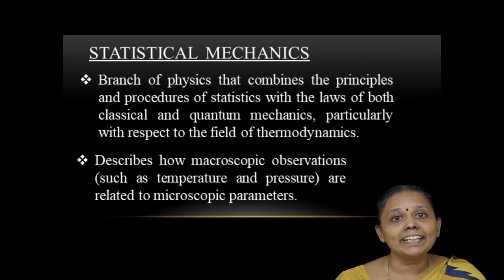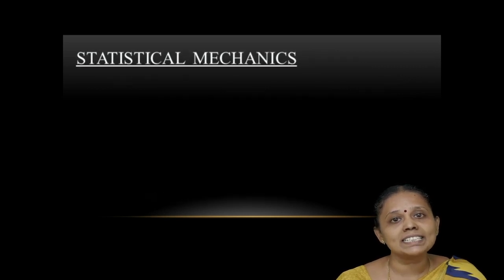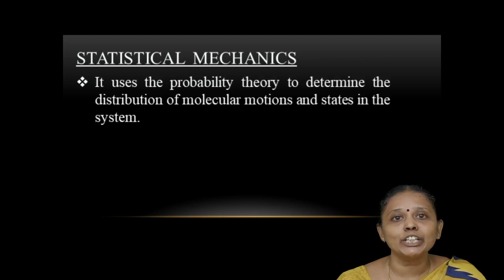Moreover, it describes how the macroscopic observations like pressure, temperature and volume are related to the microscopic parameters. It also uses probability theory to determine the distribution of molecular motions and particle states within the system.